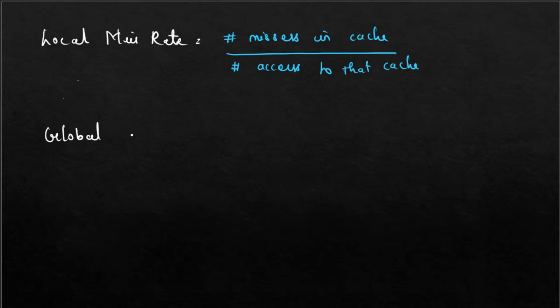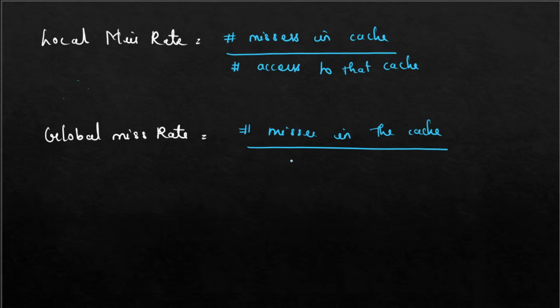After that, global miss rate is equals to number of misses in the cache by total number of CPU generated references.